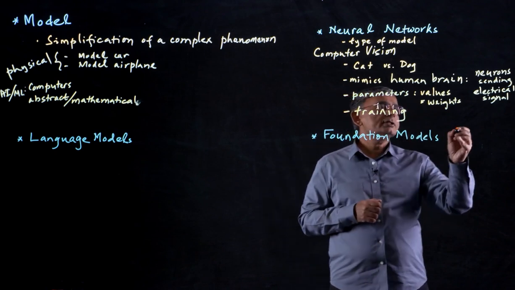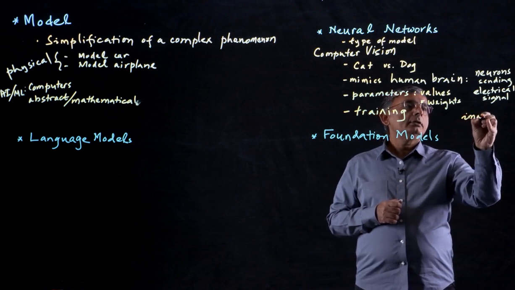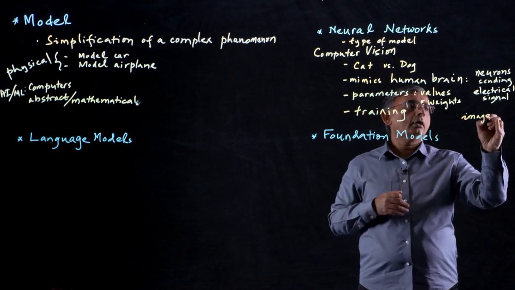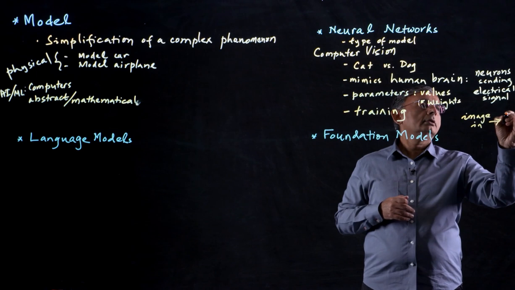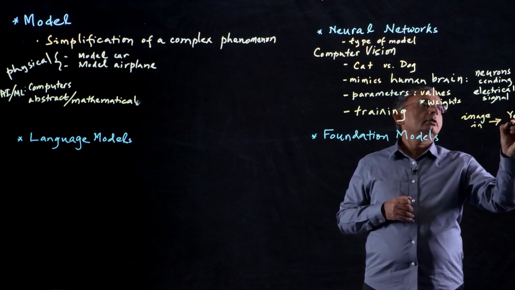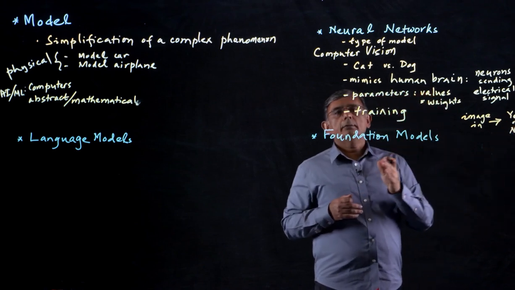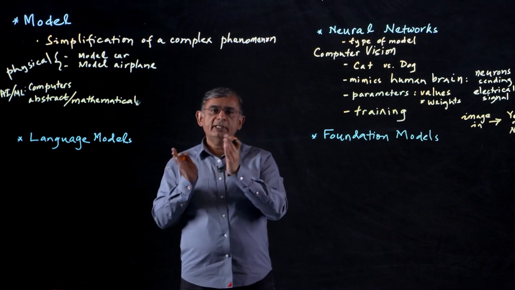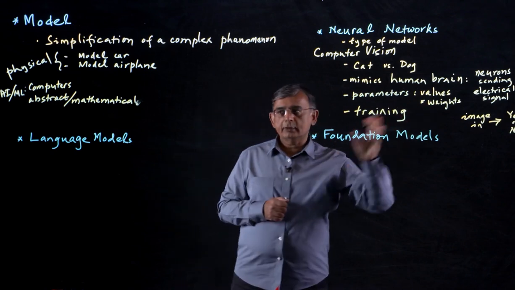And the usage is basically what's happening here: we have an image of a cat or a dog in, and out comes yes or no, like a binary output. Is it a cat? Yes or no. You can do it for other classes, right? That's kind of the thought process there.